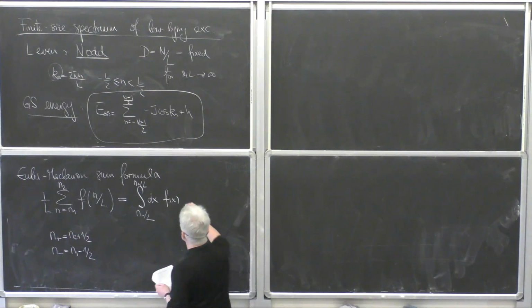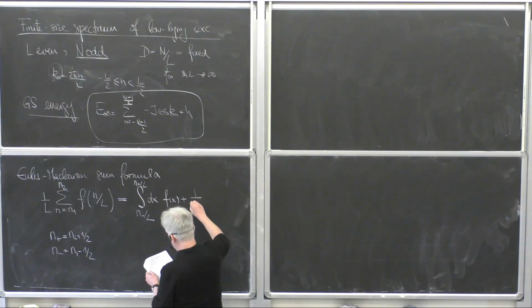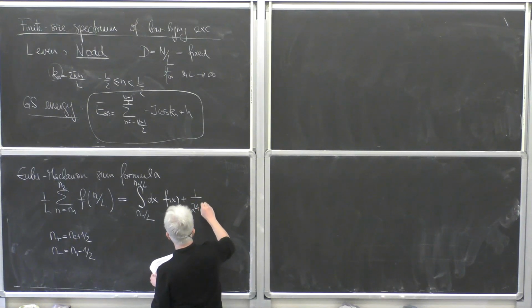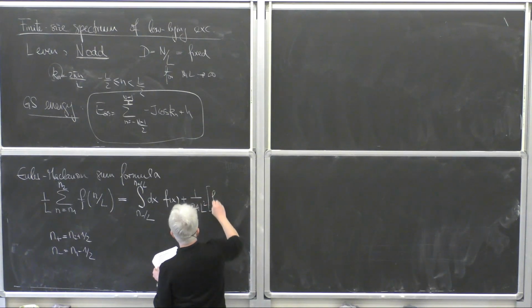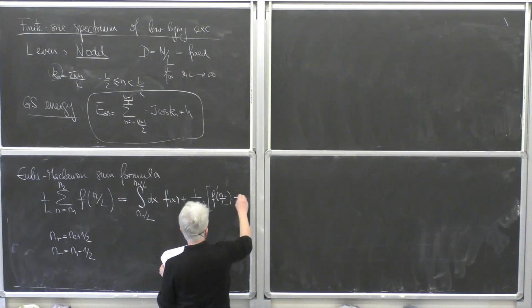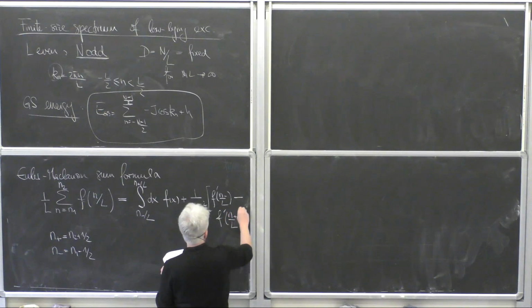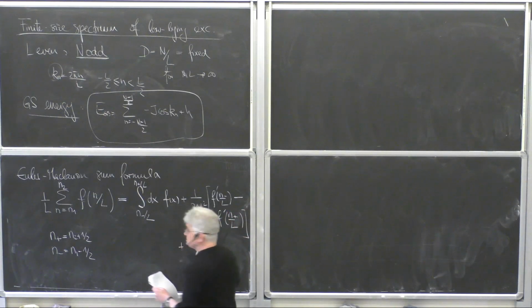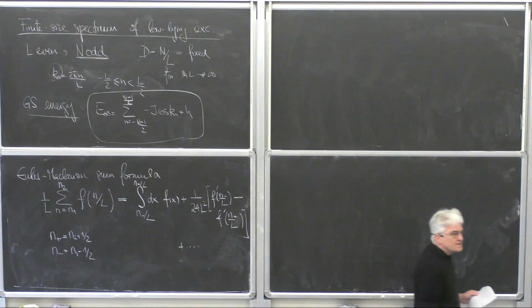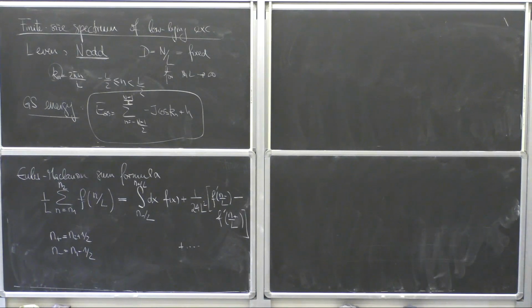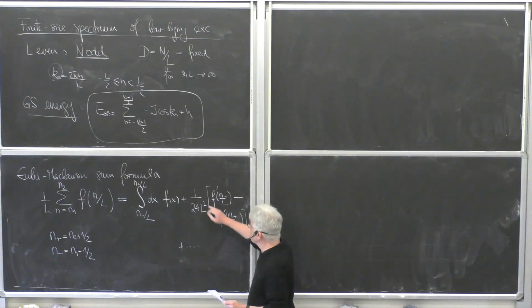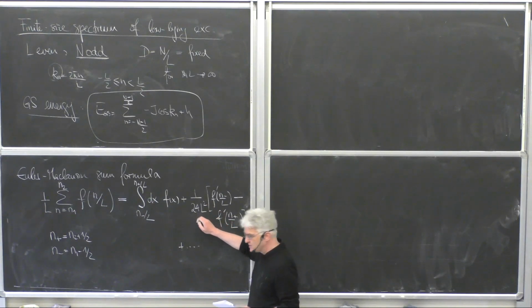And then the correction terms are 1 over 24L squared, f prime of n minus over L minus f prime of n plus over L plus dot, dot, dot. So this is how you turn sums into integrals and retain knowledge of corrections. Okay?